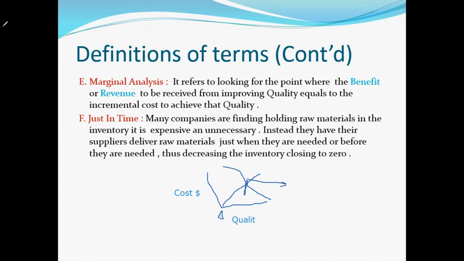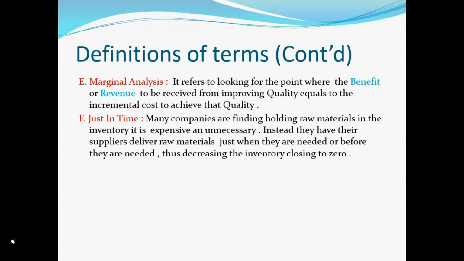This is the point at which the benefit achieved matches the cost that has been spent. So we say that quality has been achieved at that level. Marginal analysis refers to the point where the benefits, or revenue, received from improving quality equal the incremental cost of achieving that quality.